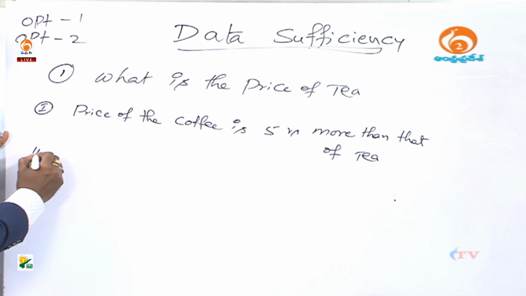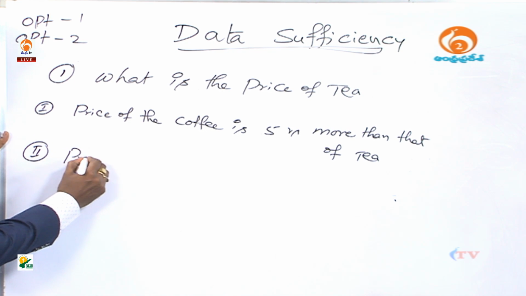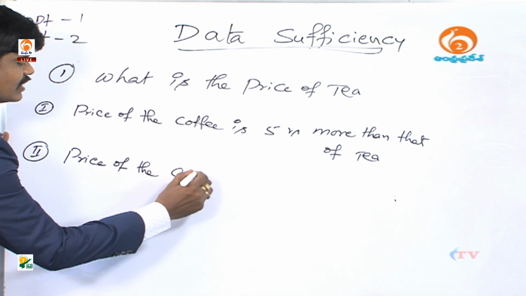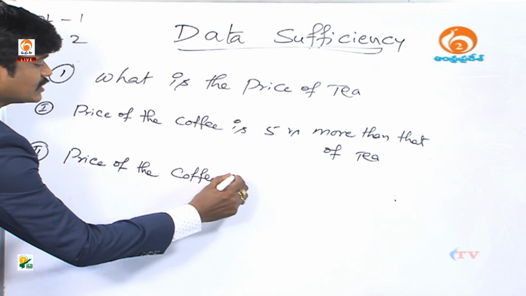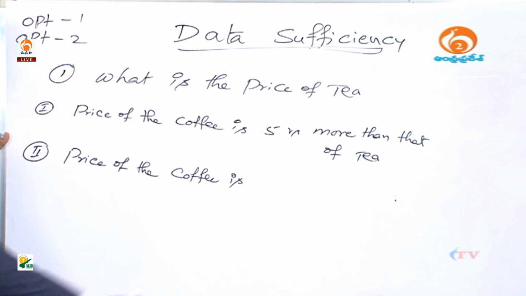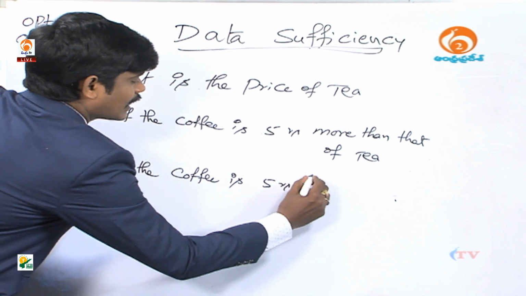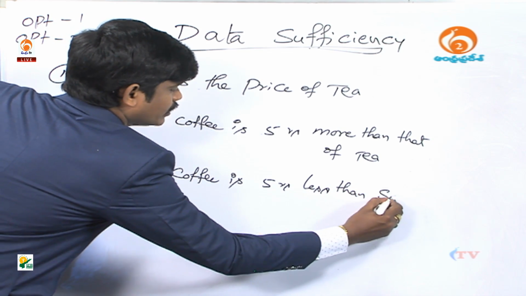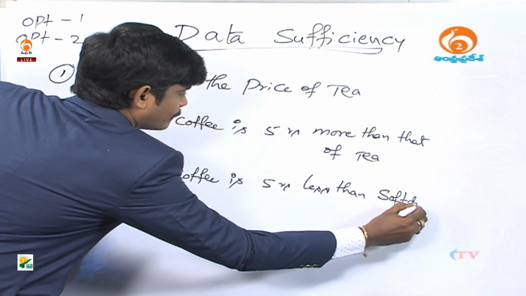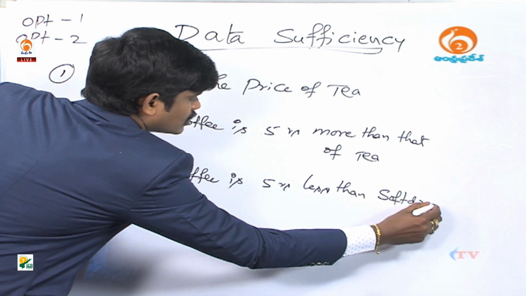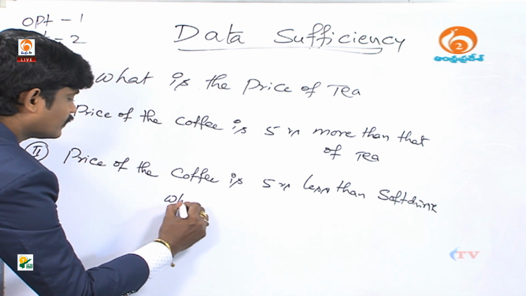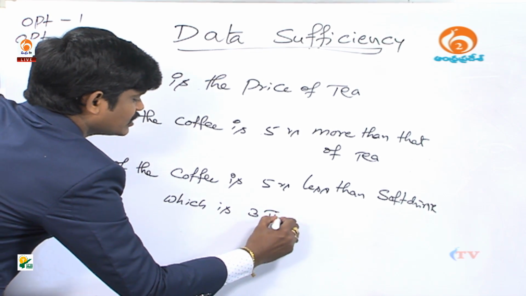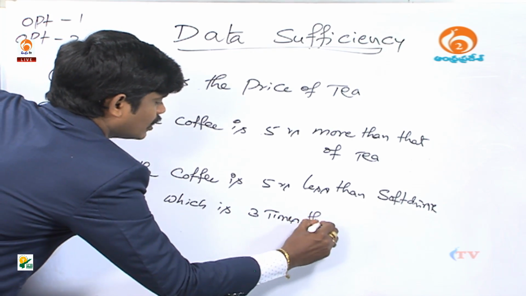And the second conclusion: the price of the coffee is 5 rupees less than the soft drink, which is 3 times the price of tea.